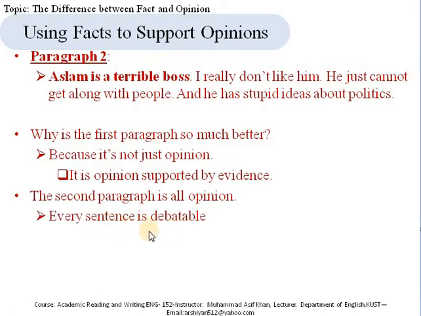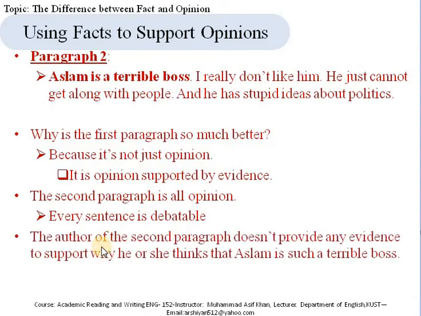Every sentence tells us what the author believes is true, but not what is known to be true. It is just the author's belief that this sentence might be true, but it is not reality. He is not certain about this. It is just his opinion.